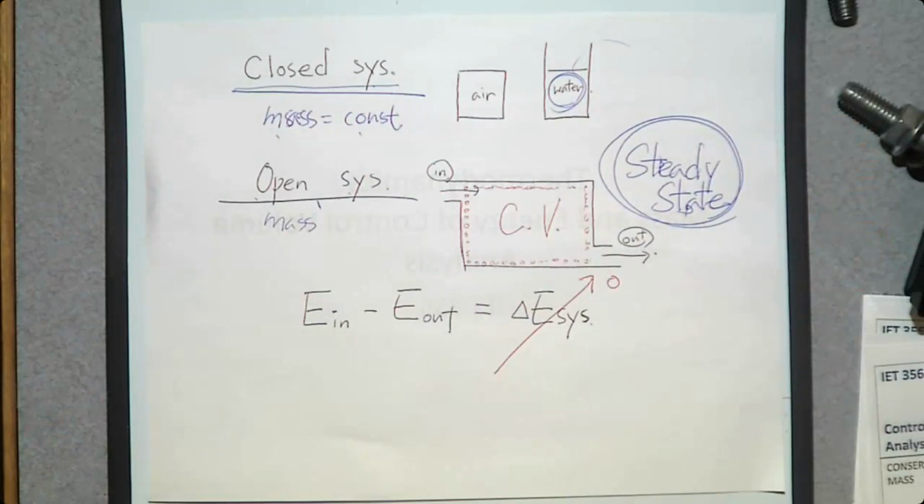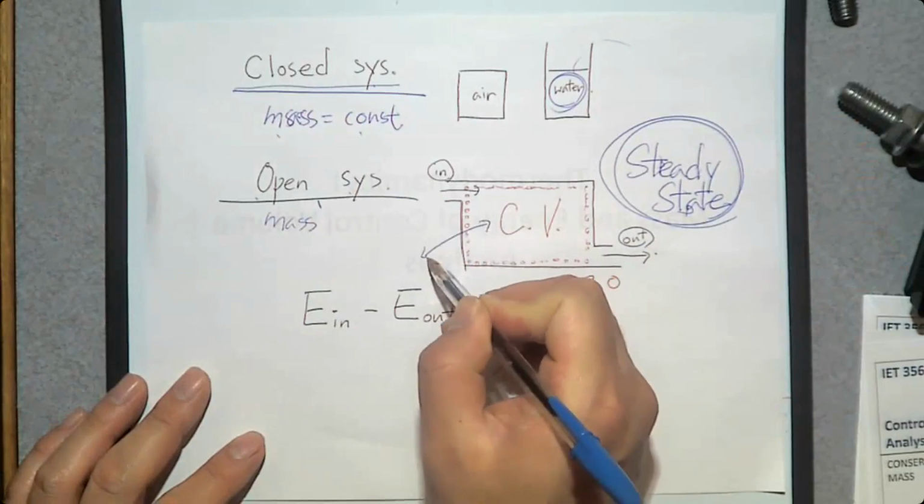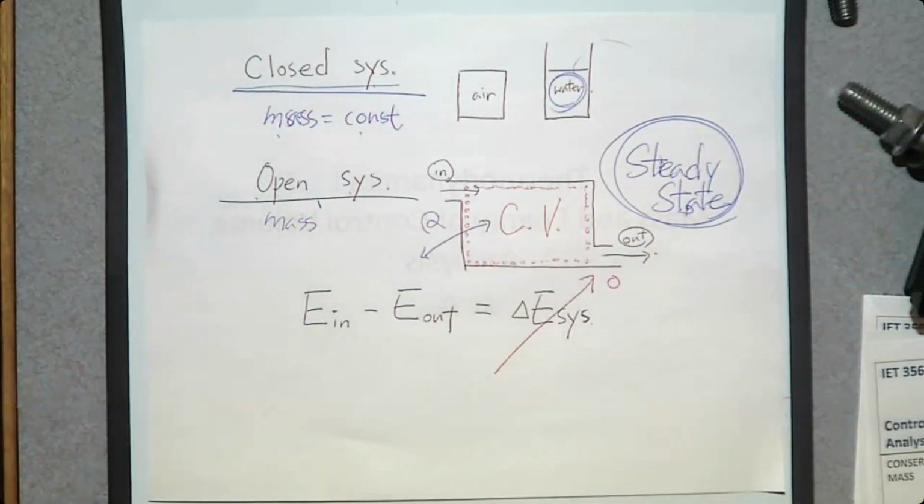So let's think about the physics. What kind of energy transfer can you say to this control volume? We learned in chapter 2, there's energy transfer by heat, right? So we can say there's a heat transfer, Q. Q can go in and out, right? Heat transfer goes in, heat transfer comes out.